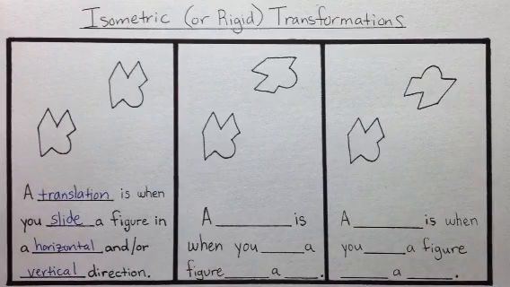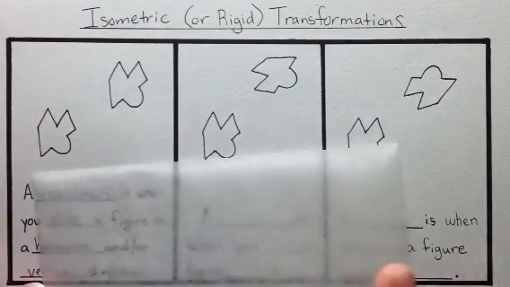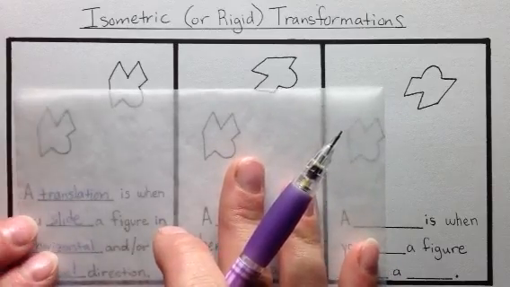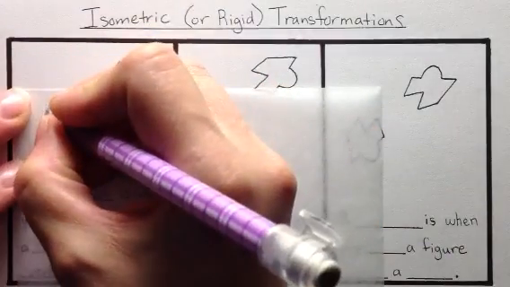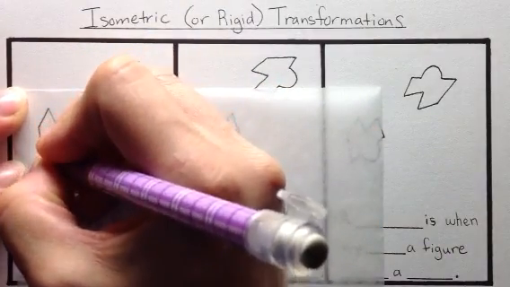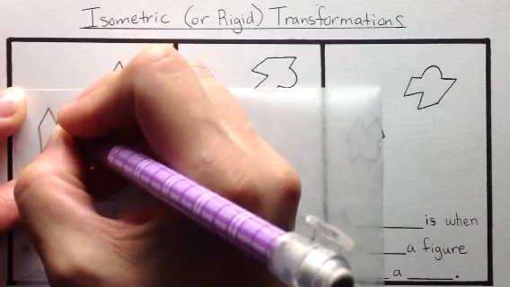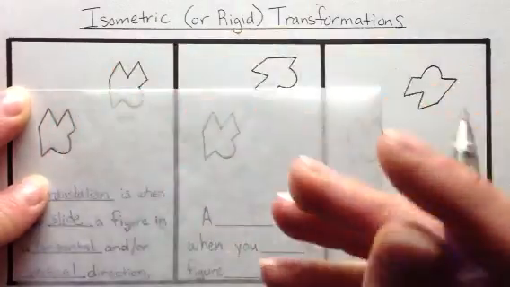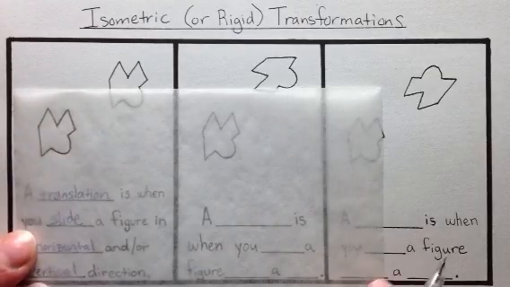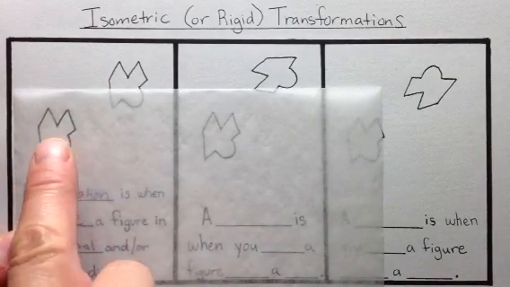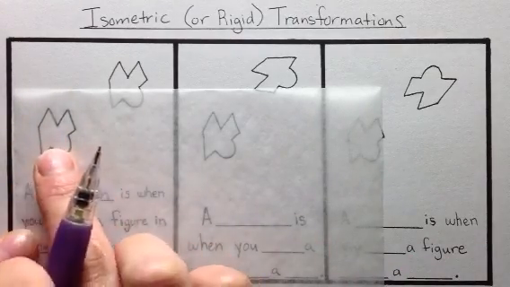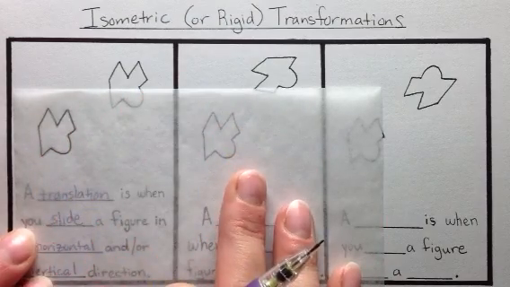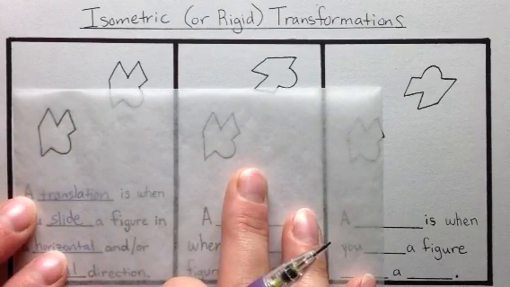Tracing paper is a really good way to help understand which type of transformation you're looking at. So if you trace the initial figure, and I have not really indicated in any way on these which one is initial. So we'll always start here at the bottom left. Okay, so if I start with this one, to get from this image to this image, if it's a translation, I slide it.